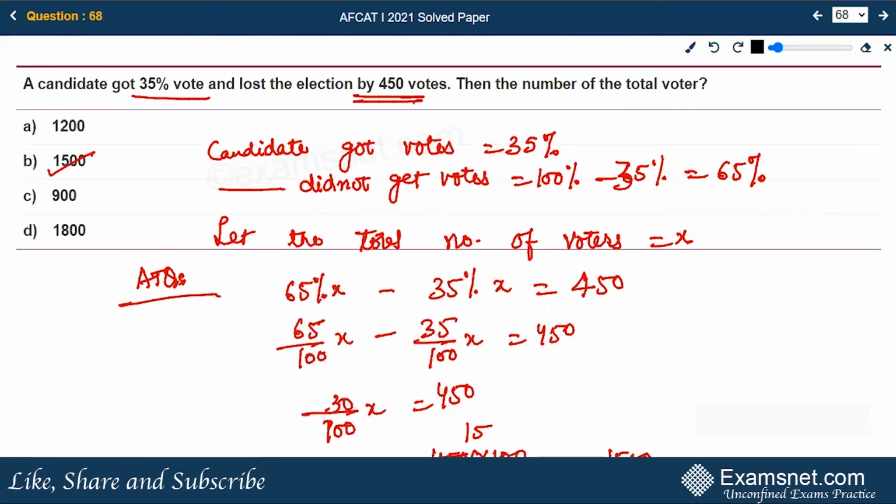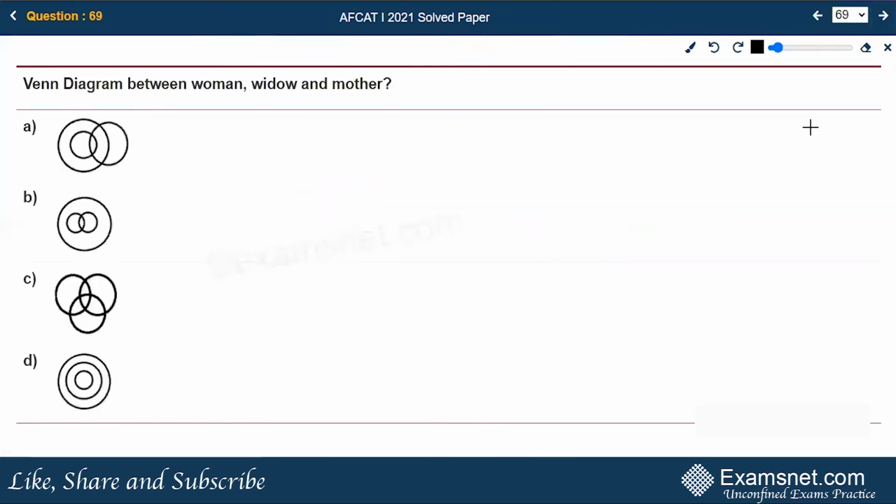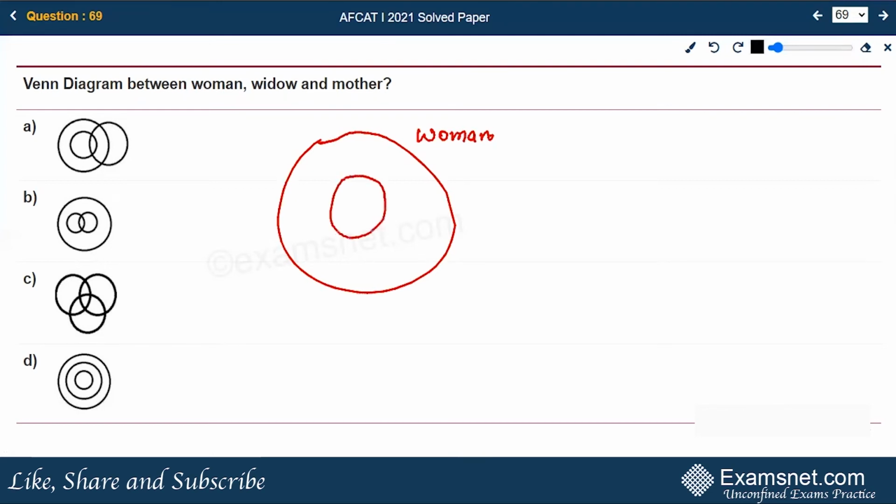Next, question number 69. Venn diagram between woman, widow, and mother. Which is the correct one representing the given situation? So, see, this set represents woman. Now, a woman can be a widow.